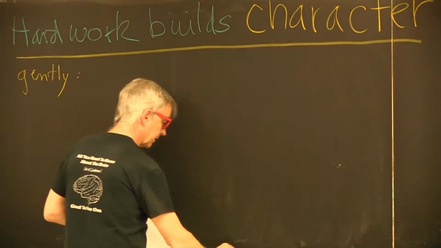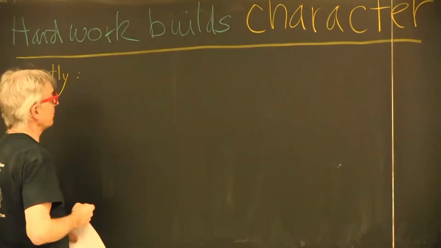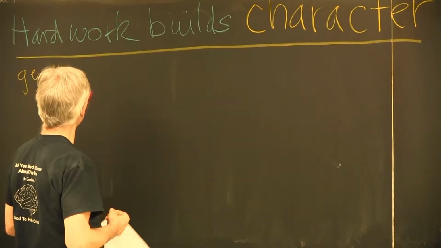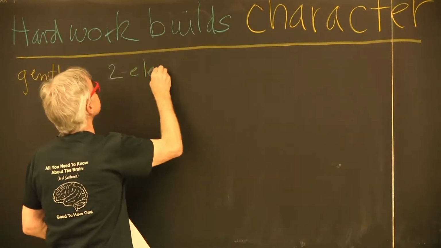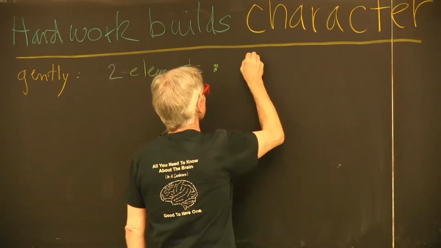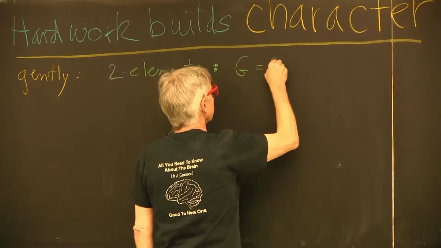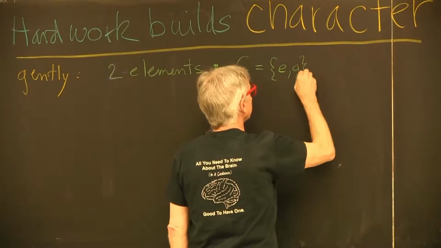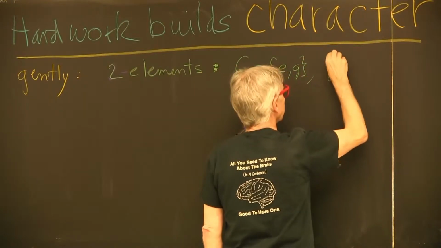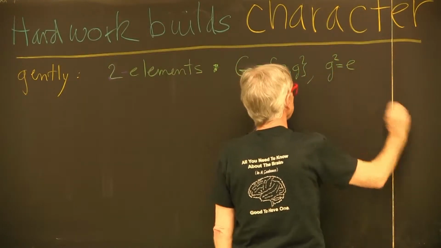So first I'll work out the reduction of representations of a group with two elements. It's a group that has identity and one operation, such that that operation repeated twice gives us identity.